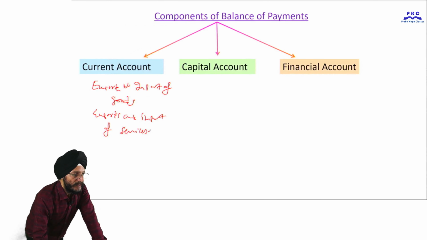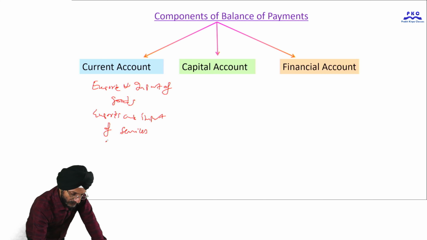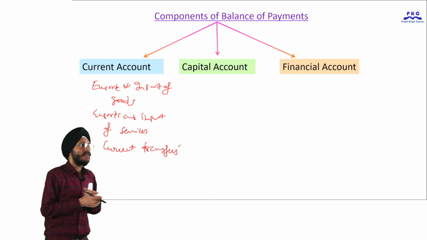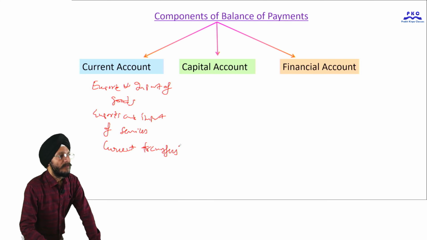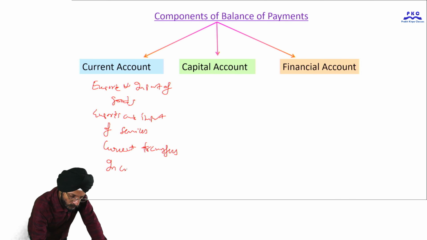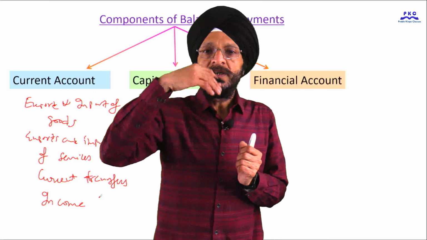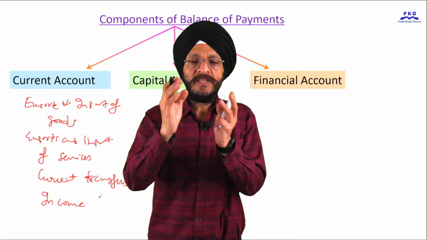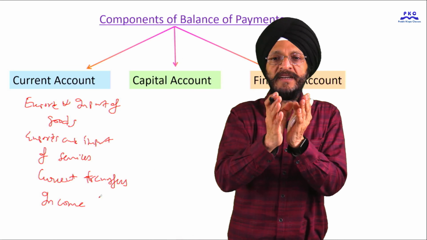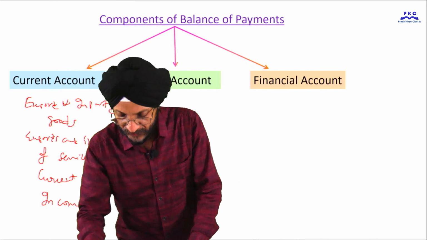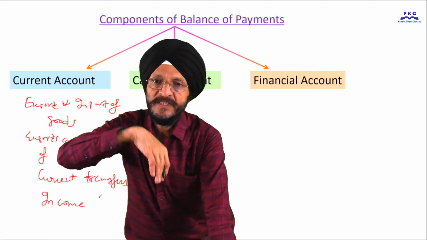Then we take into account current transfers, that is one-sided transfers in the form of aid or grants. Then we also take into consideration income which is earned in the form of rents or interest for investments made abroad, that is income which is received from abroad.